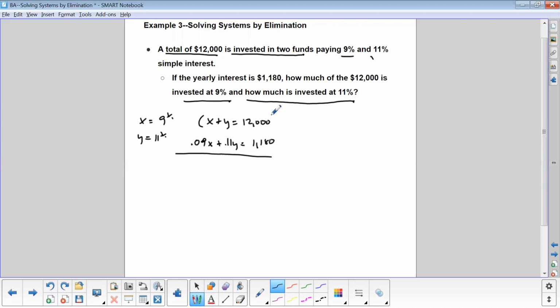So I'm going to choose to eliminate the X variable. So I'm going to multiply by negative 9 hundredths and distribute that to everything. So I should get negative 9 hundredths X minus 9 hundredths Y is equal to negative 1,080.